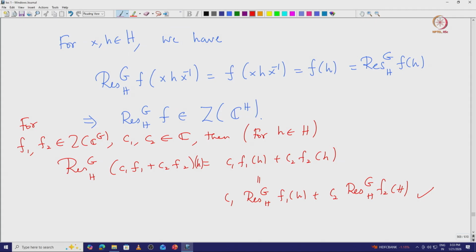So, that means we have the linearity for all h in H. That would imply that the function Res^G_H of c1 f1 plus c2 f2 is exactly equal to c1 times the restriction of f1 plus c2 times the restriction of f2. Okay, so, this actually proves the proposition. Like I said, it is a very simple exercise to prove this.